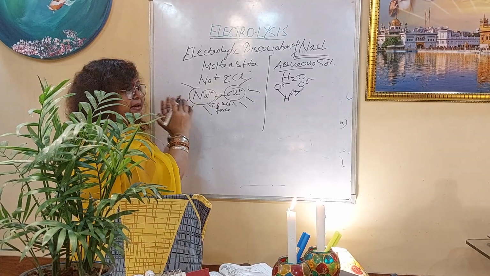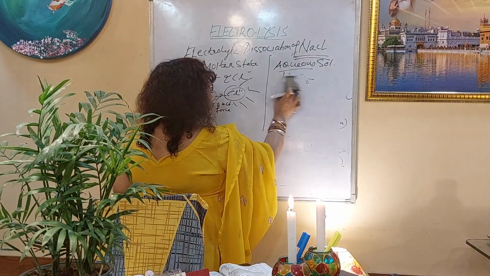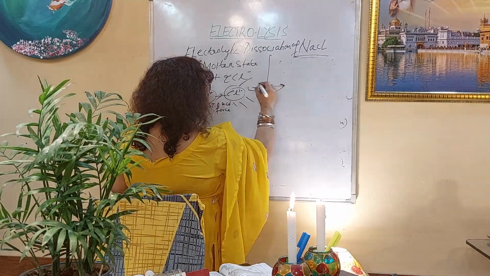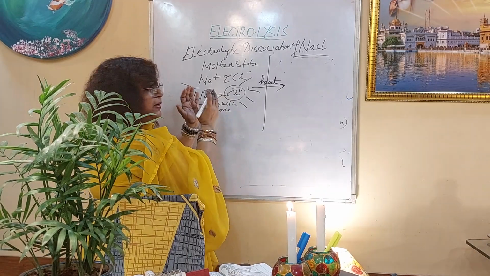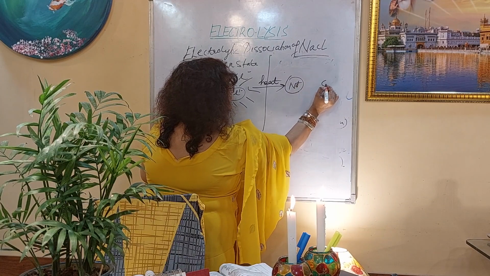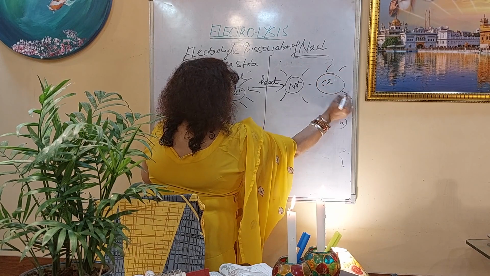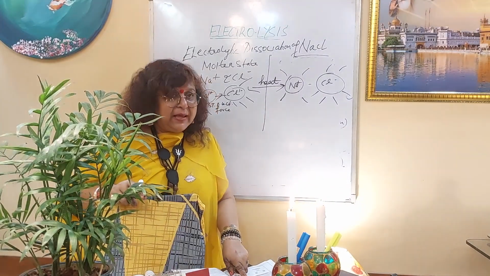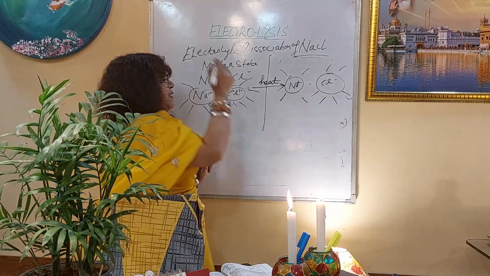When I heat it, due to increased heat, this strong electrostatic force will break. Na plus and Cl minus, they both will break. Free ions are found in the molten state. This is in the solid state, this is in the molten state.